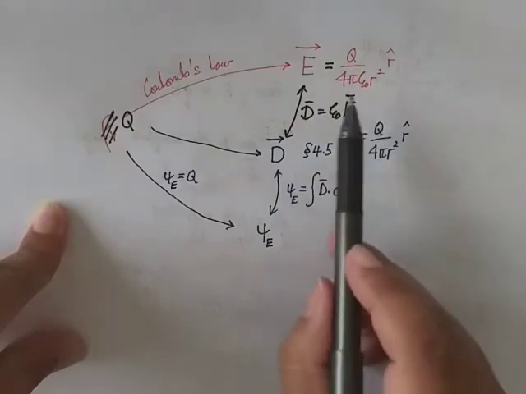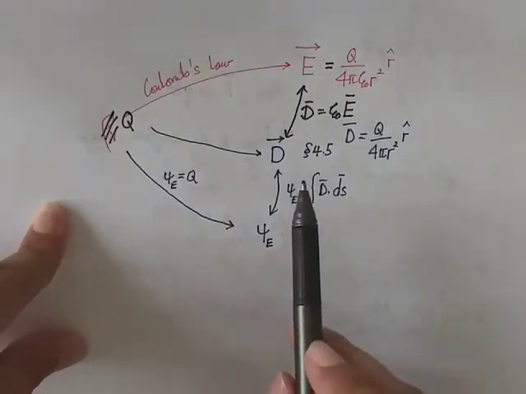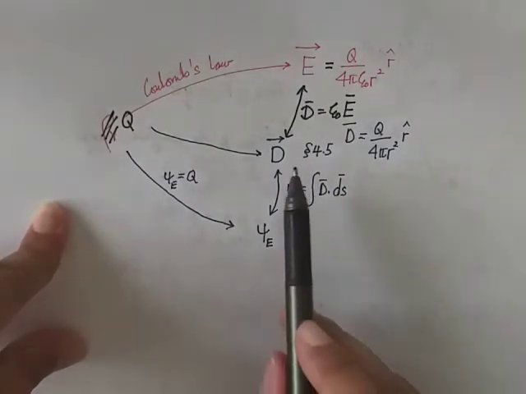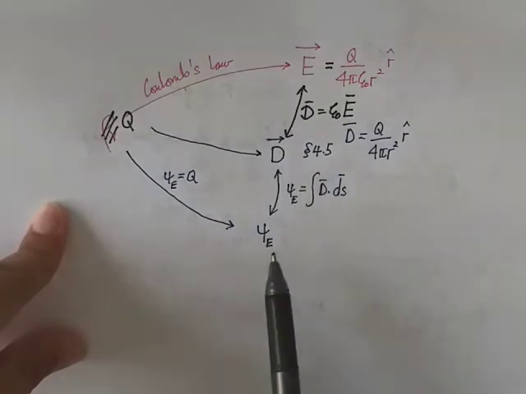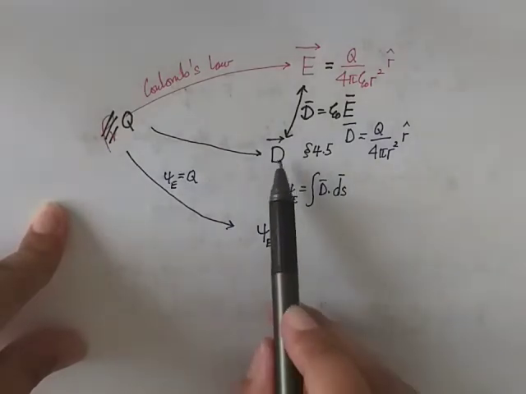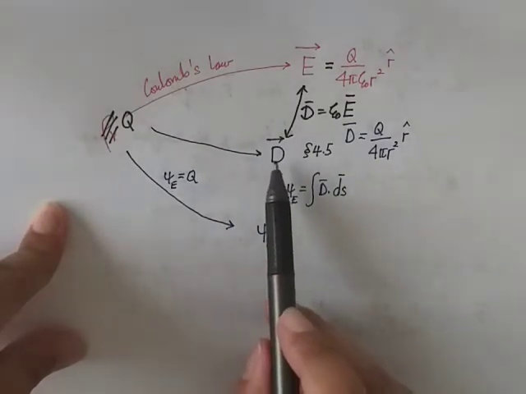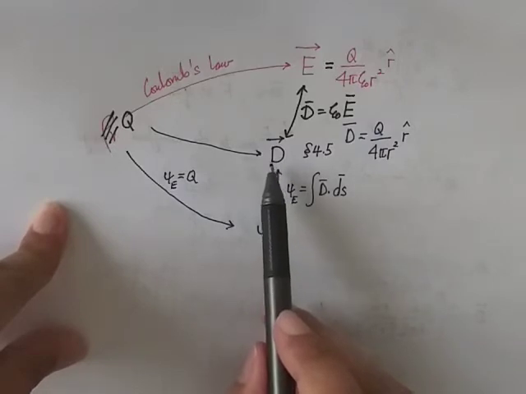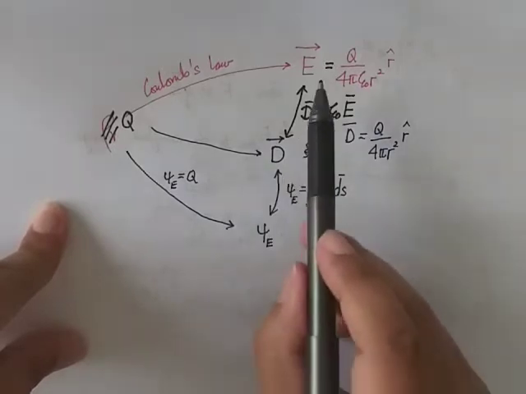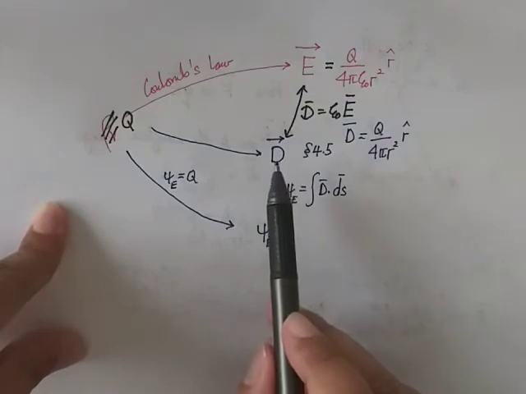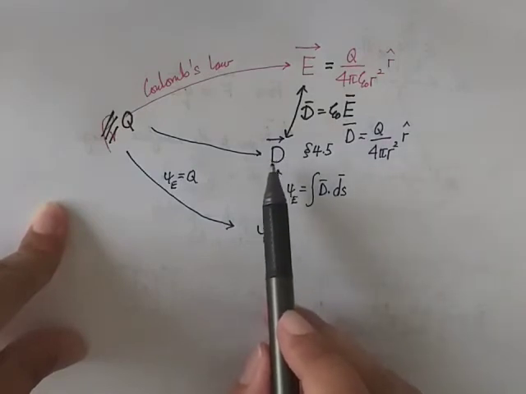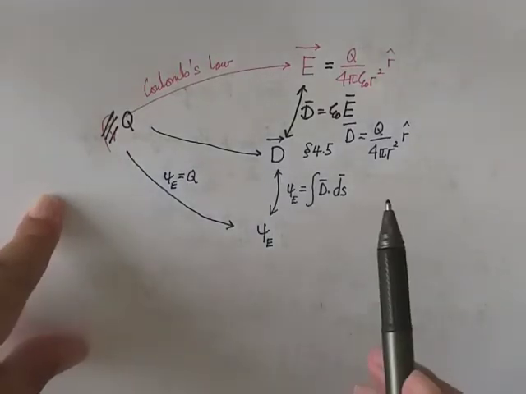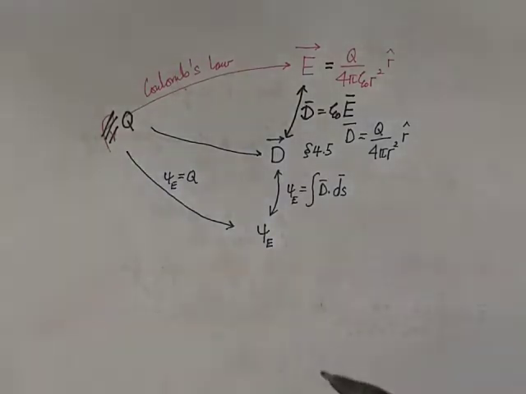So as a conclusion, the D can have two different interpretations. If I'm relating the D with the electric flux, the D is known as electric flux density, whereas if I'm relating the D to the E, I will name my D as electric field density. So please be careful, the D can be represented in two ways.